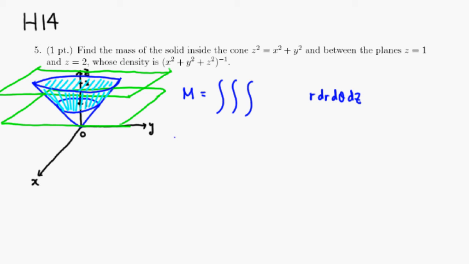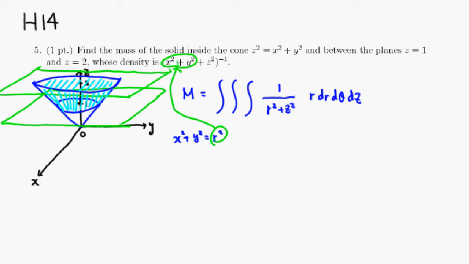Remember that x squared plus y squared is equal to r squared, so we can put that right here. So the density is 1 over r squared plus z squared. Then we're going to have to figure out what r is.